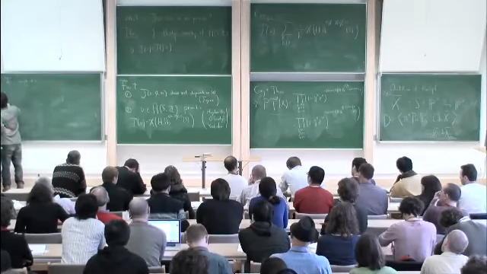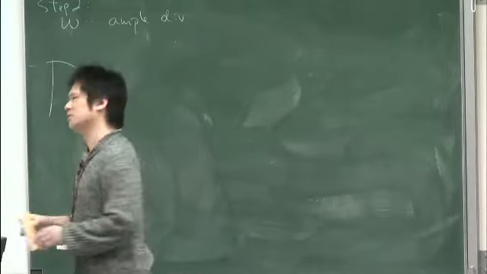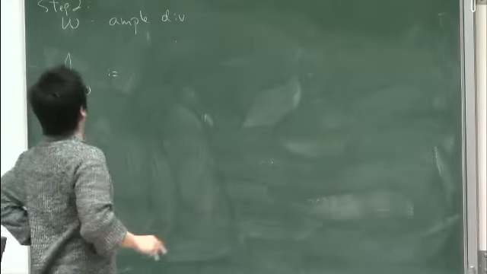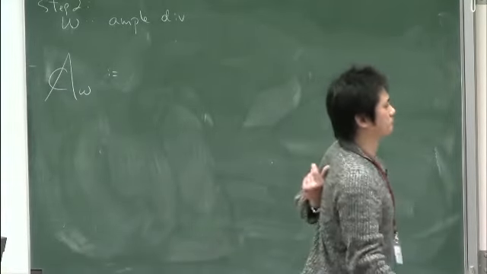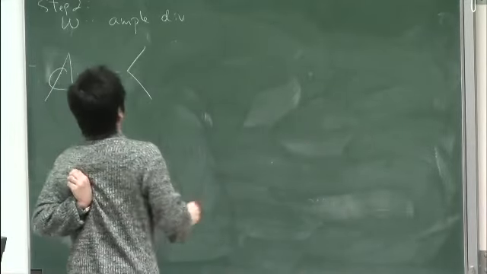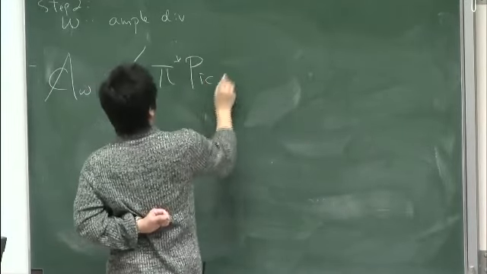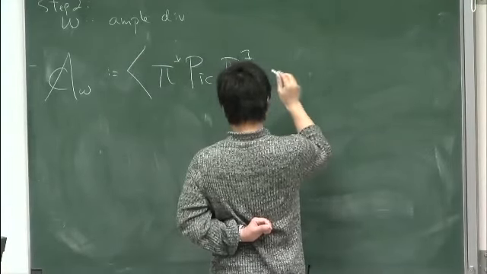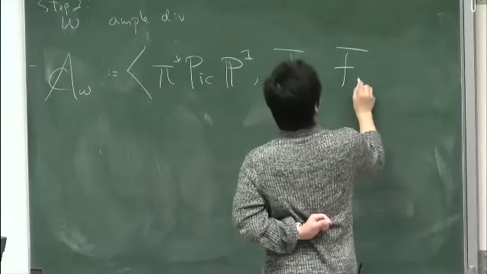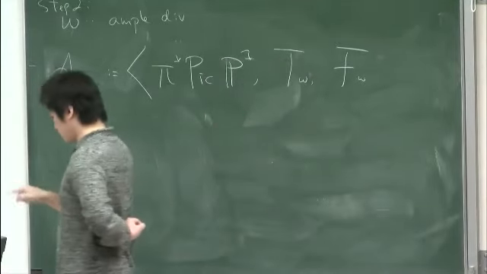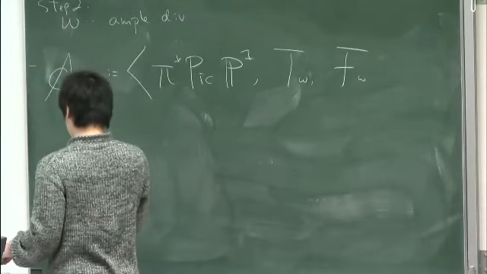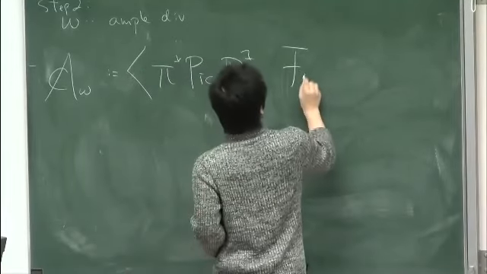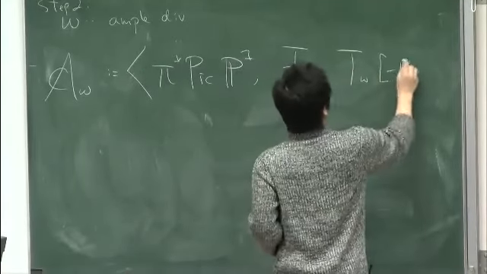That is generated by also the pullback of O_P1, and also some other objects, T_omega F, omega F T, omega T_omega shifted by -1.